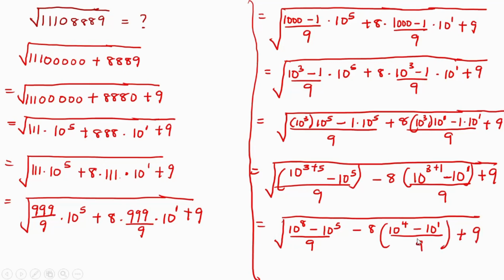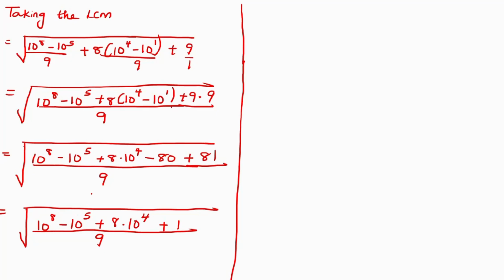The next thing we want to do is to take the LCM of all of this. So taking the LCM, the square root of this is going to give us, so we want to apply some rule right here.